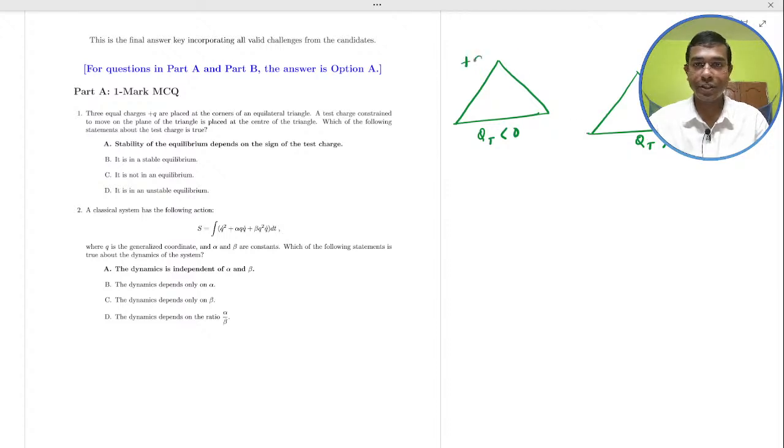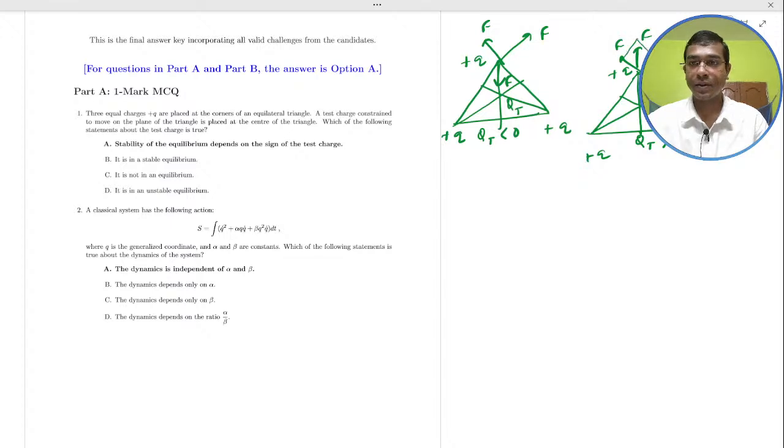Suppose this is the test charge and the charges plus Q and plus Q. This is the centroid, where the test charge Qt sits, and the forces apply here: this one for this charge and that one for the other charge, each in its own direction F. The resultant is given by the parallelogram.